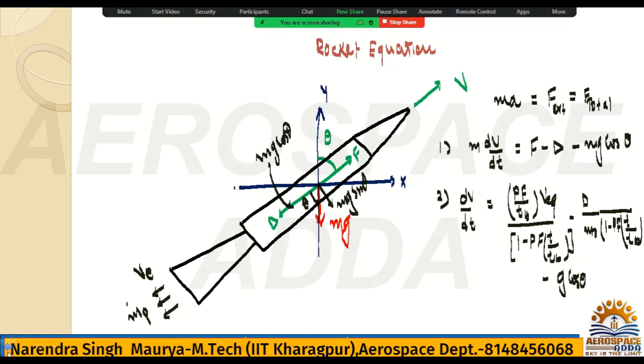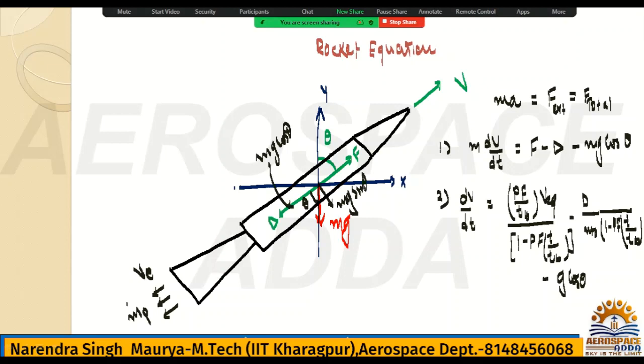So the same thing I have written, the second equation. This diagram, first you need to understand neat and clean. It is moving in a forward, upward direction. So definitely whatever force you have resolved, F minus D minus mg cos theta, is along the direction of the motion of rocket.